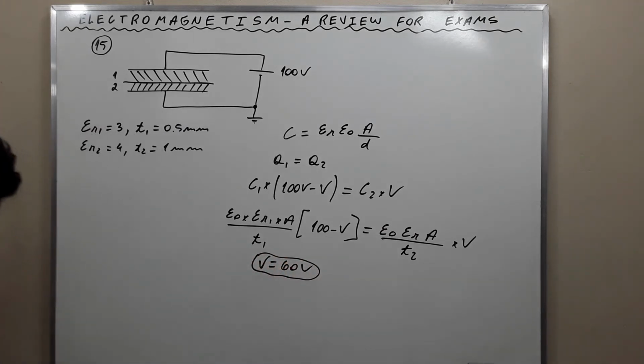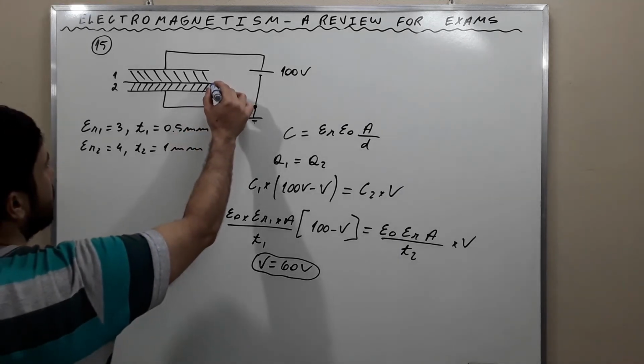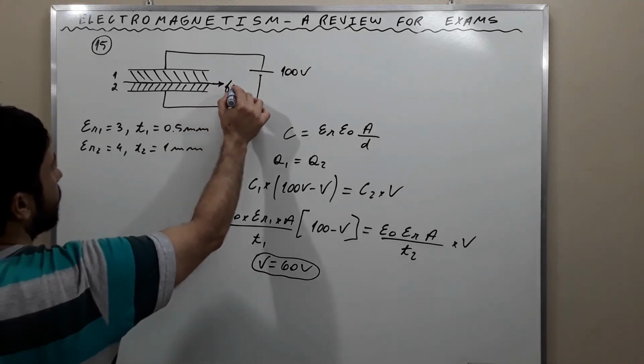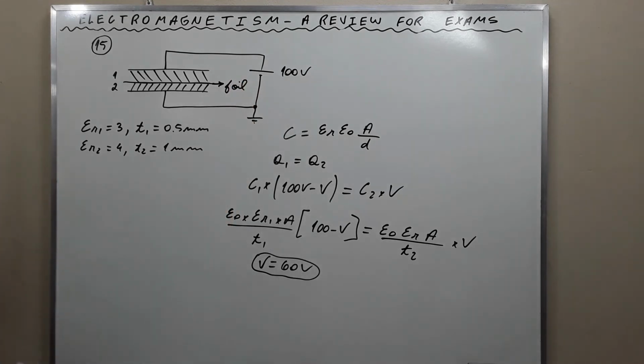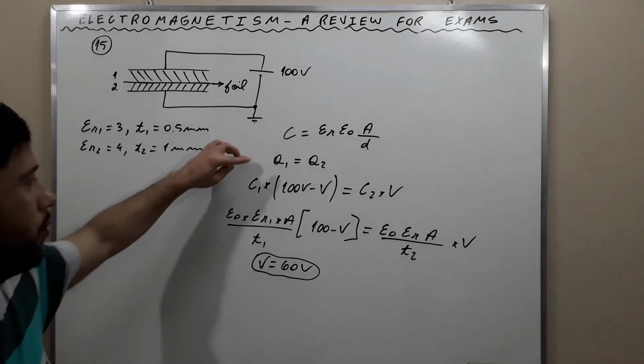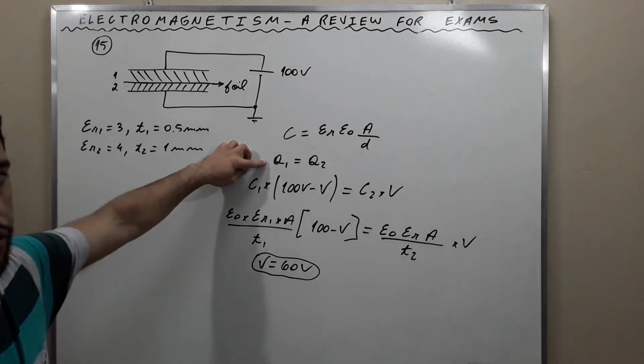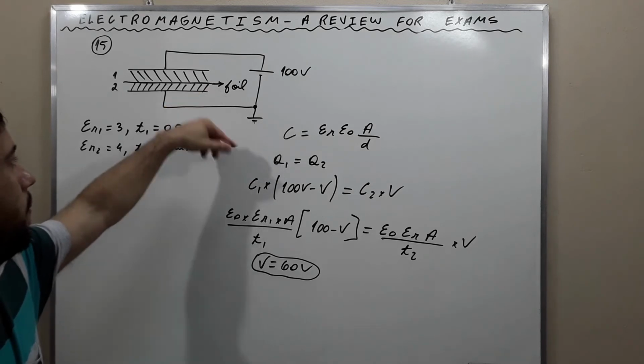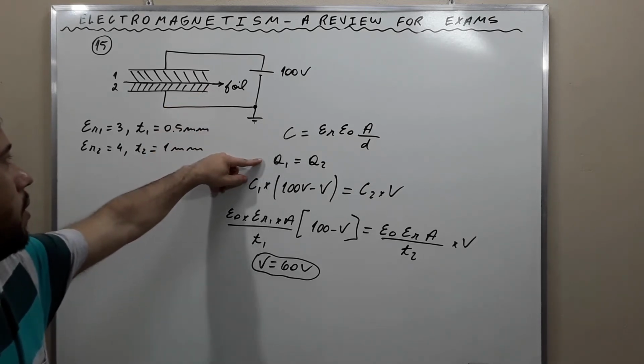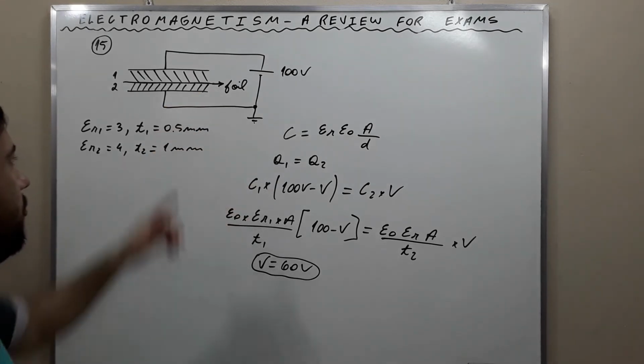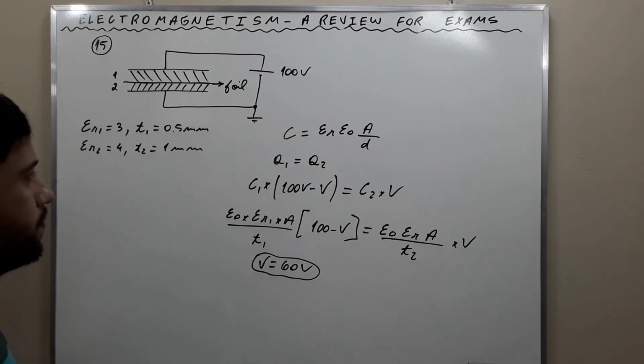Okay, the voltage of the conducting foil, this is the foil. The voltage at the conducting foil is 60 volts. Okay? To calculate this, we assumed that the charge will be evenly distributed when the capacitors are in series like this, okay?